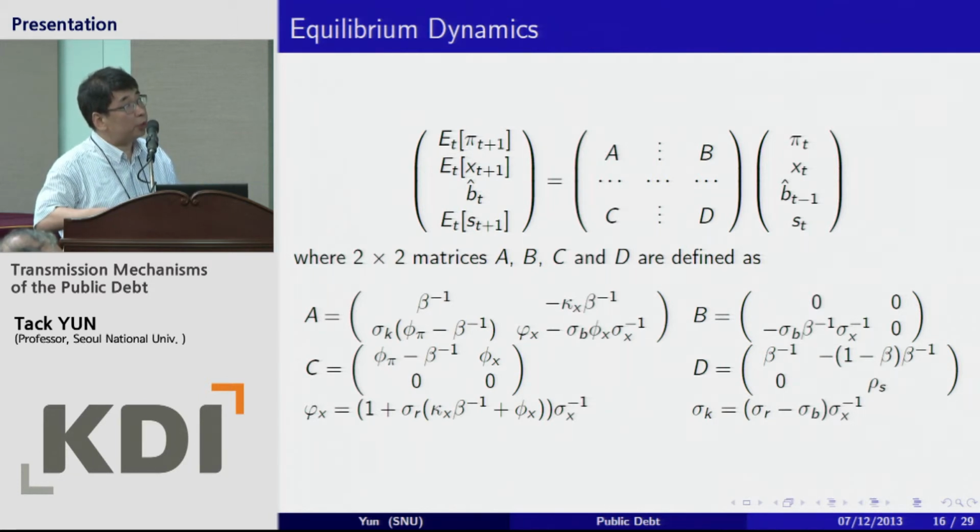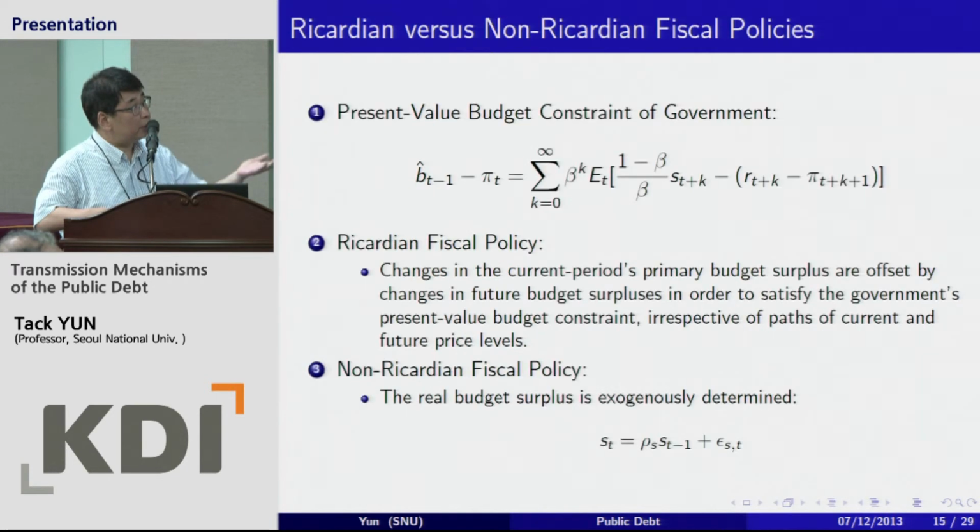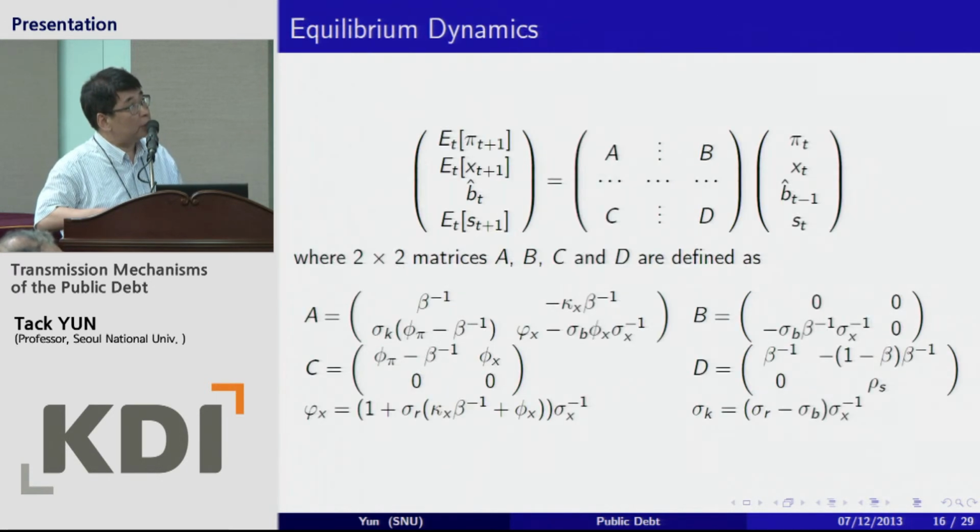But once we allow for the possibility of the non-Ricardian fiscal policy regime, we need matrices D, B and C. So there are interactions between matrix A and D.